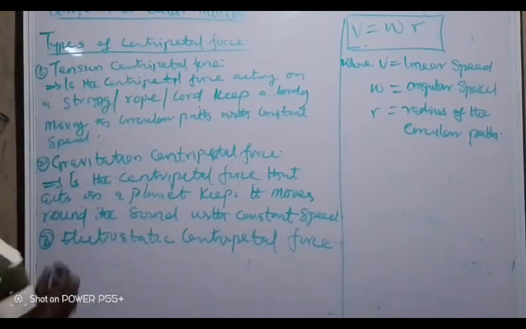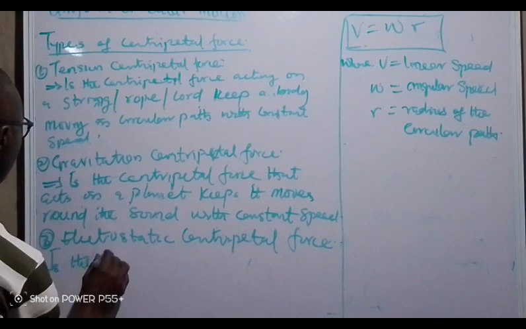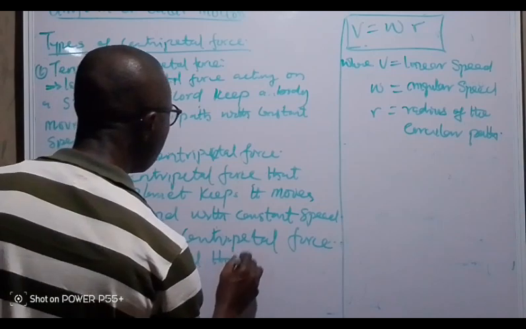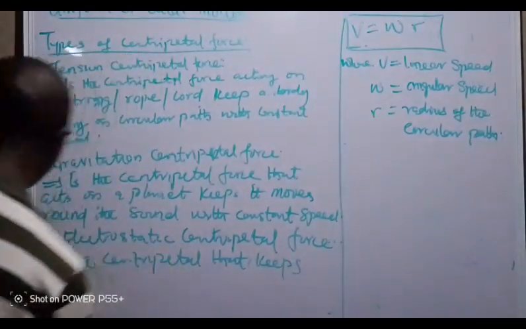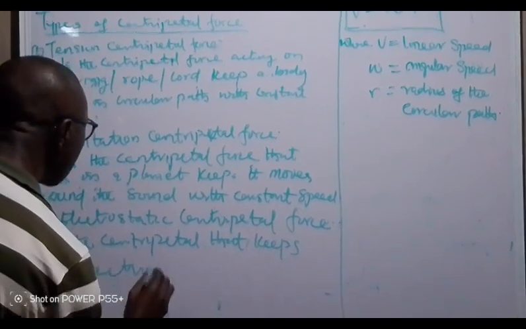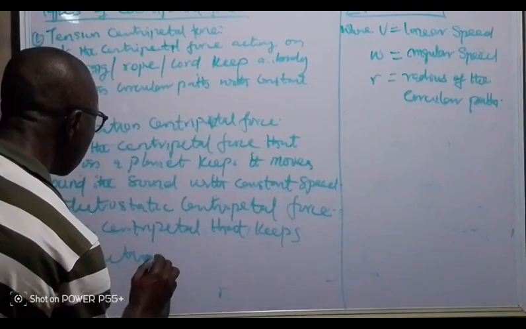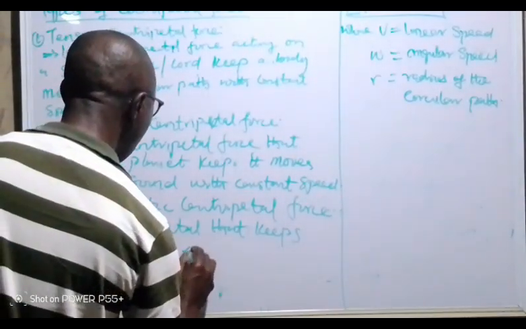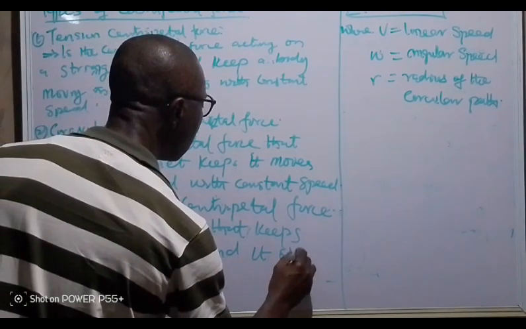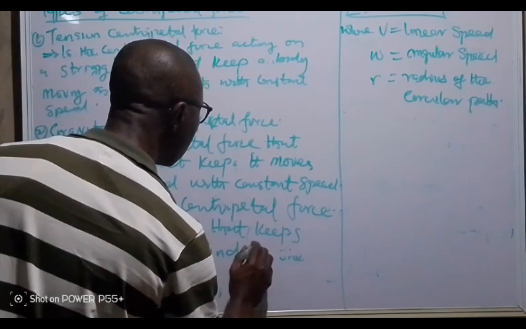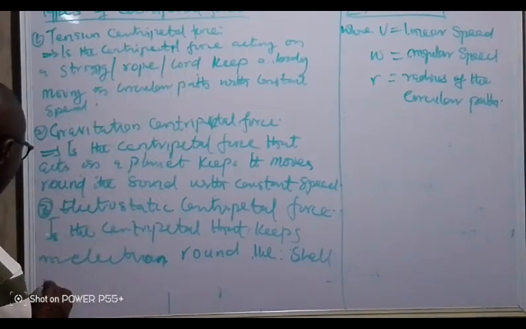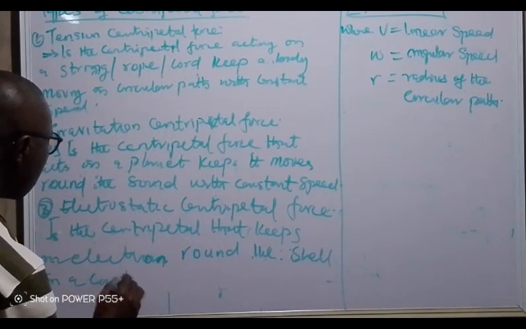This one is the centripetal force that keeps an electron moving round its shell, round the shell, at a constant speed.